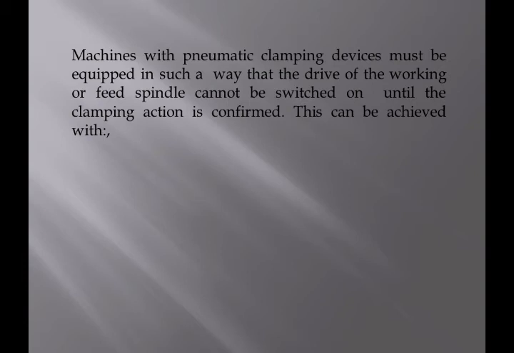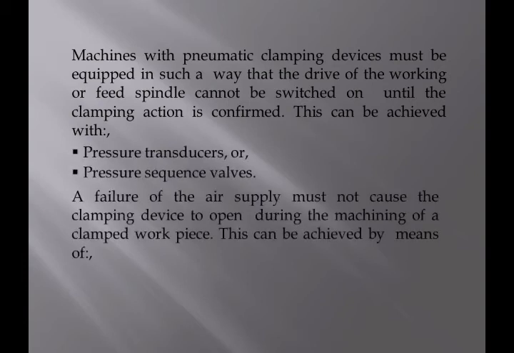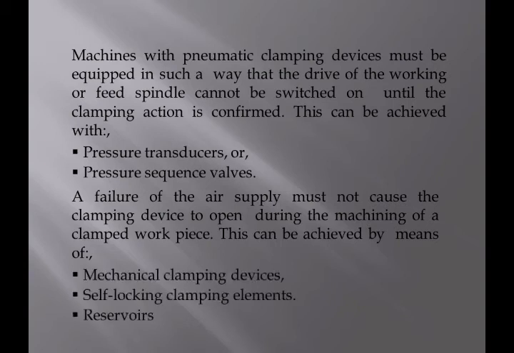This can be achieved with pressure transducers or pressure sequence valves. A failure of the air supply must not cause the clamping device to open during the machining of a clamped workpiece. This can be achieved by means of mechanical clamping devices, self-locking clamping elements, reservoirs.